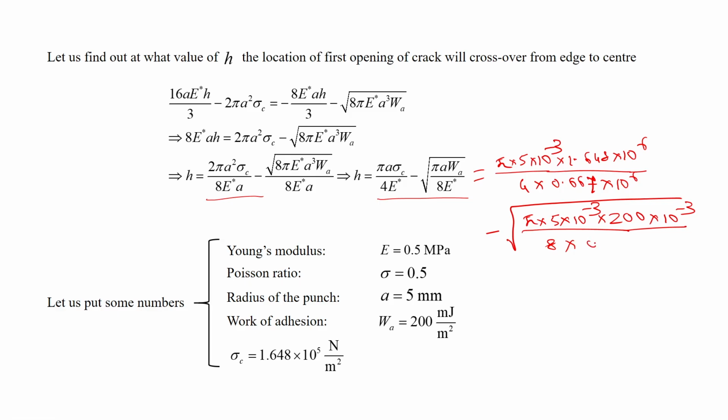E star is again 0.667 into 10 to the power 6.